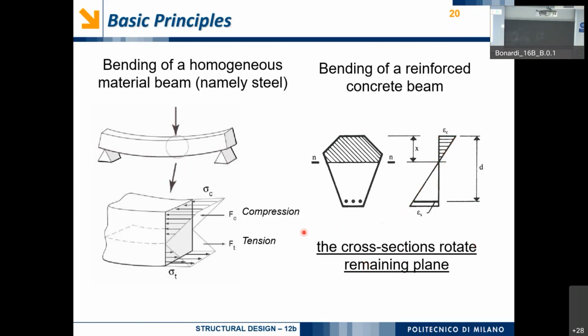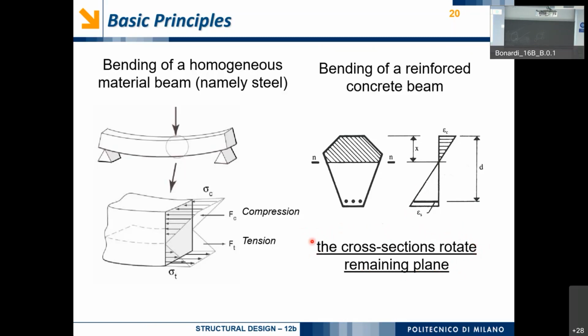The main assumption we impose when we talk about bending in reinforced concrete elements is this one, the underlined one. The cross sections rotate remaining plane. Please remember this is crucial.